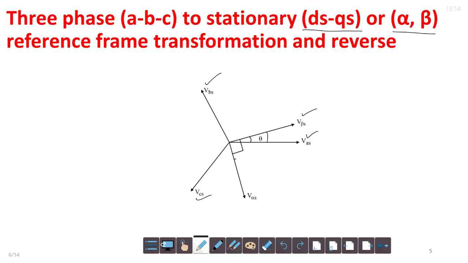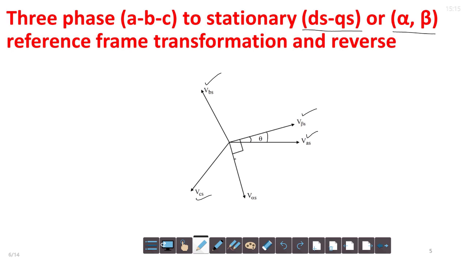Alpha and beta axes are at 90 degrees, and it can be at any angle theta with the A axis. Now, to transform the 3 phase voltages VAS, VBS, VCS into the alpha beta reference frame, alpha S and beta S, what do we need to do?